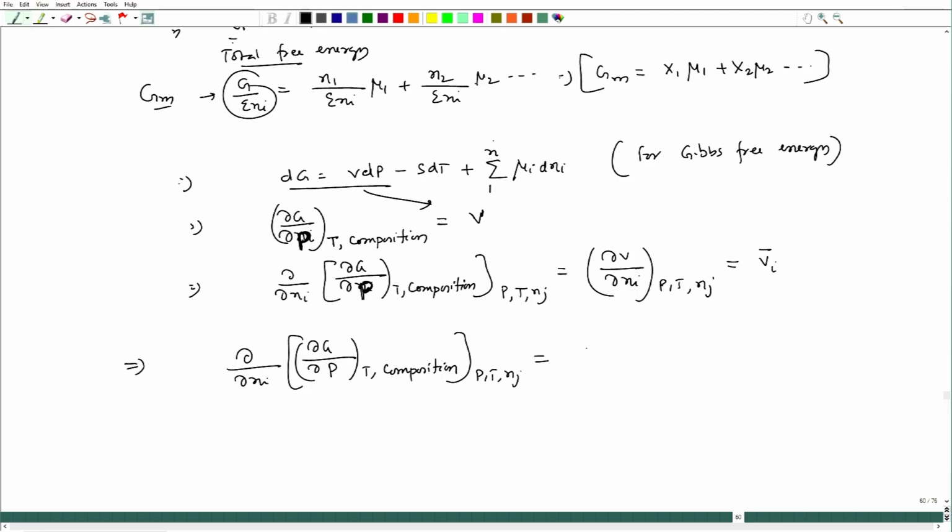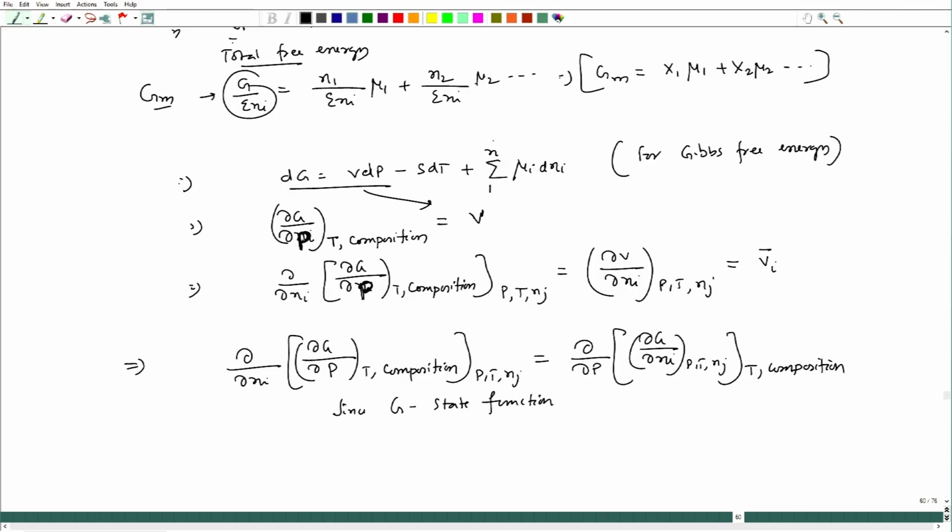I can write this, since G is a state function.